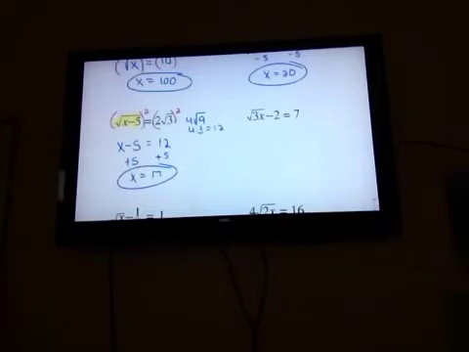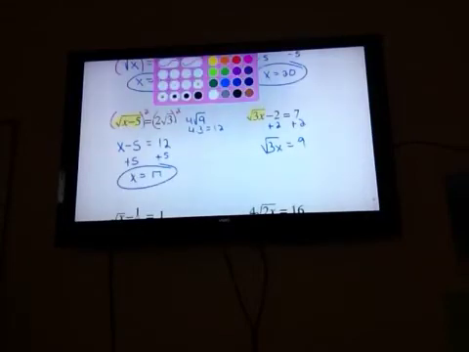Okay, in my next one here, isolate this radical first. You have to do that step first. So to do that, get that by itself, I'm going to add 2. So then I have 3 square root x equals 9, 7 plus 2. Once that radical is by itself, you are ready to square.